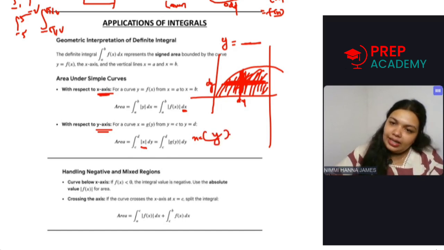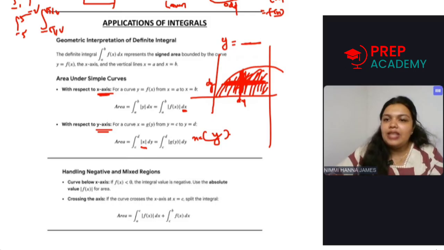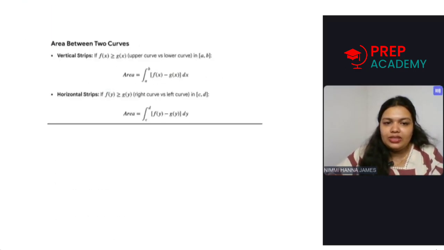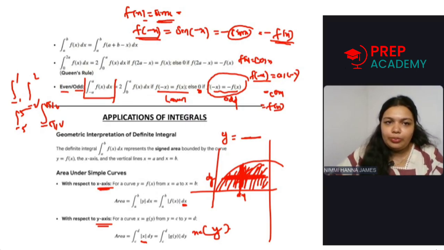So that's how we integrate and substitute the limits c and d, find the definite integral, and that is the answer for the area. These are some of the things that you have to just know. We will be taking vertical strips and horizontal strips. It's very simple, so we will be discussing it in some problems.